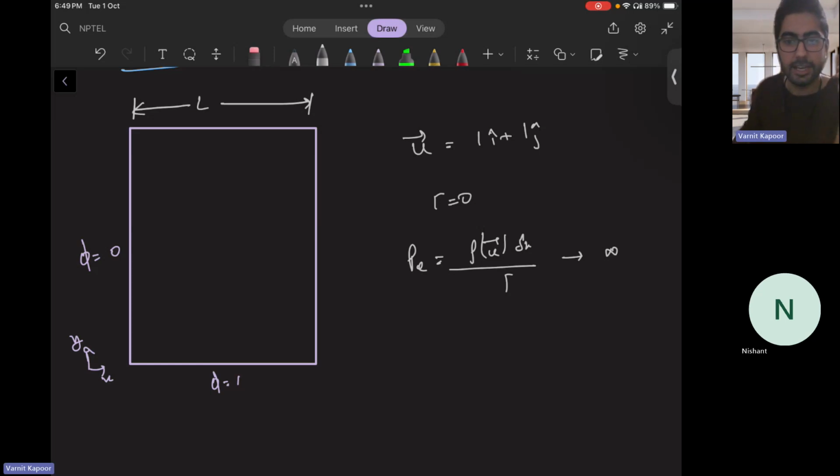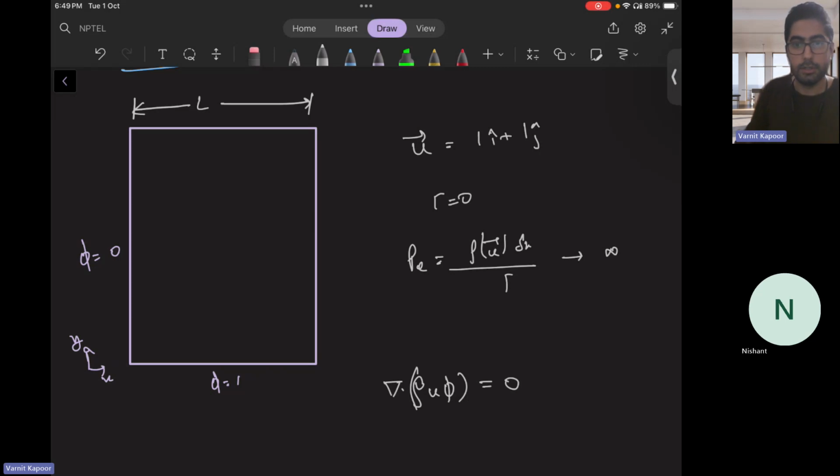What should be delta x, as per CDS, for the Peclet number to be less than 2? Only the pure convection equation. That means your equation is del dot rho u phi equal to 0.